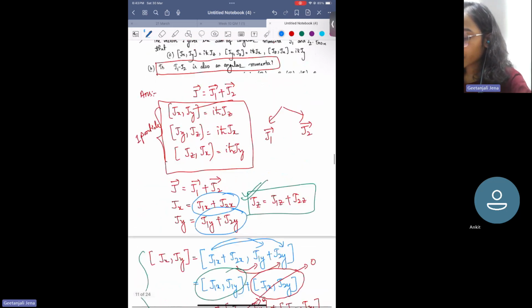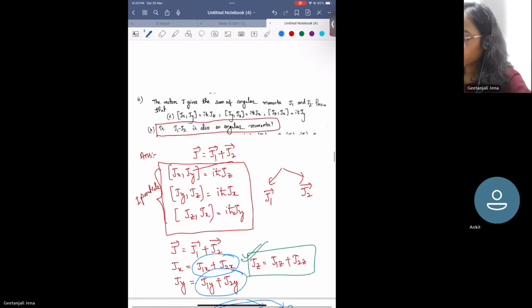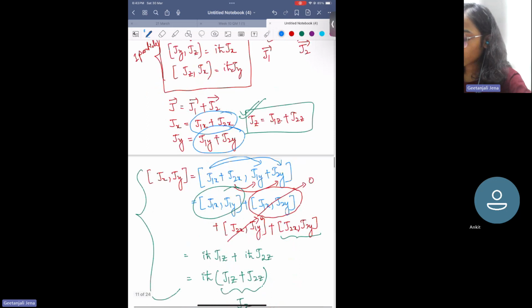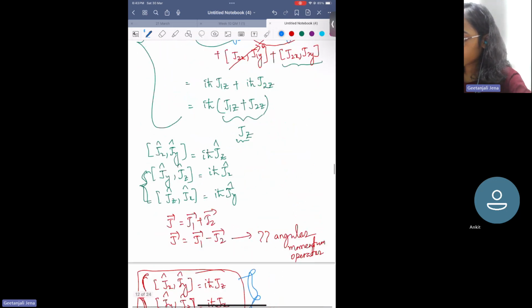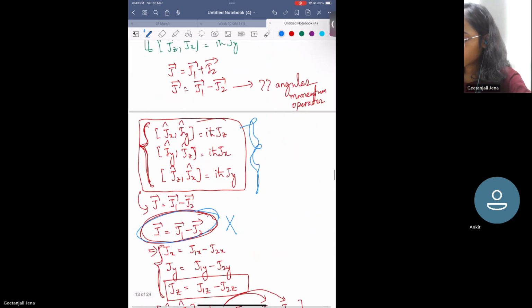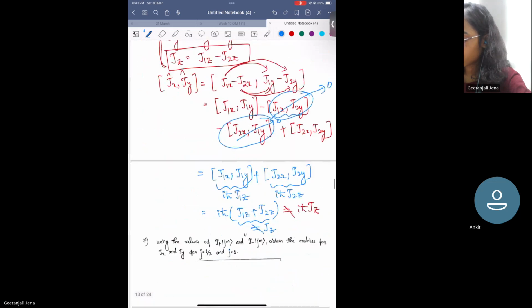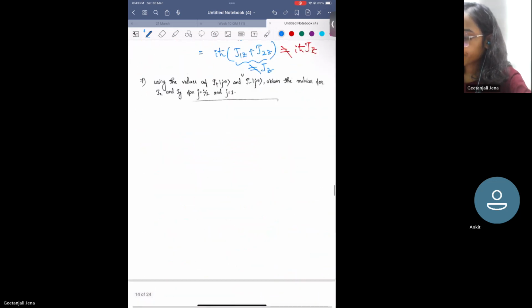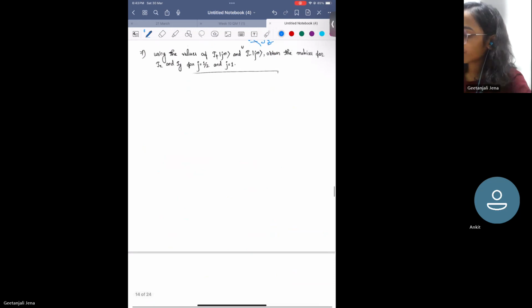This is how you can verify whether an operator corresponds to the orbital angular momentum or not. So the answer will be no. I think this one is clear to you. Now let us move to the next question.